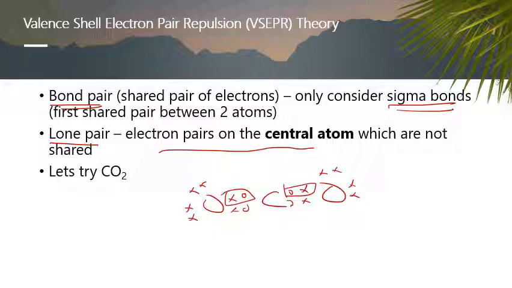Remember, only the sigma bonds. So 2 bond pairs. How many lone pairs? Now, oxygen has a lot of lone pairs, but we only look around the central atom. So you look at carbon, do you see any lone pairs? No. So this is 0 lone pairs. In this case, it's 2 bond pairs and 0 lone pairs.